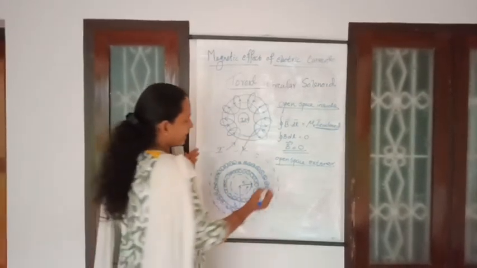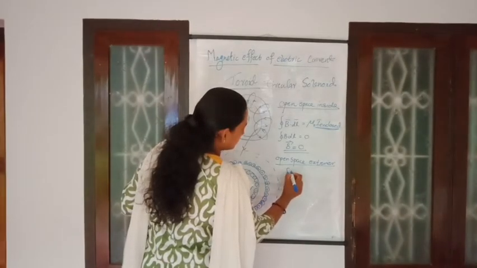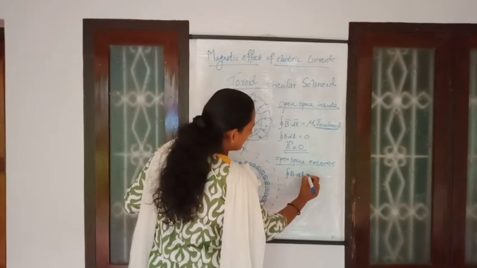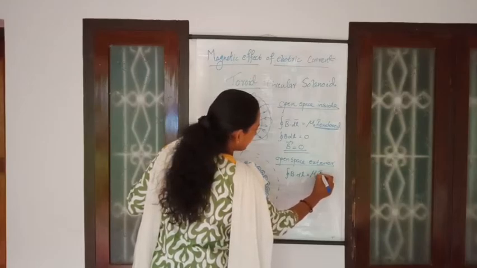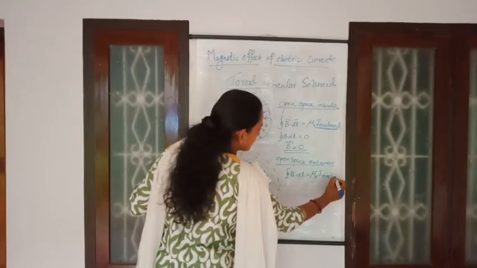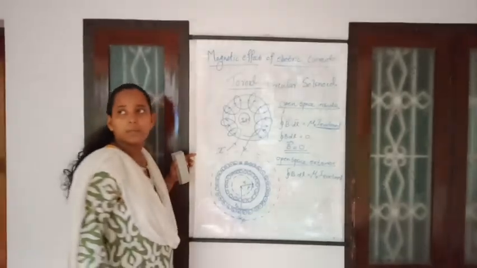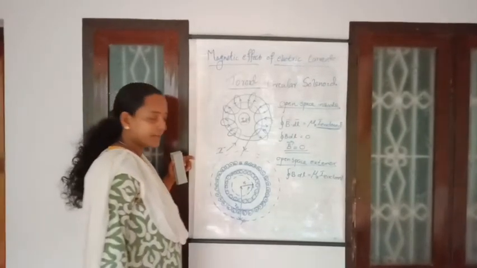In the same way, according to Ampere's law, the closed integral of B dot dl is equal to mu 0 times I enclosed. But what is I enclosed here?